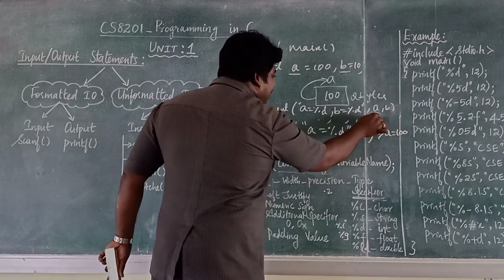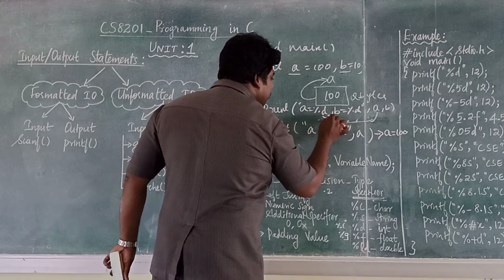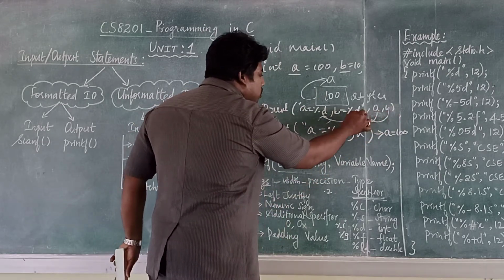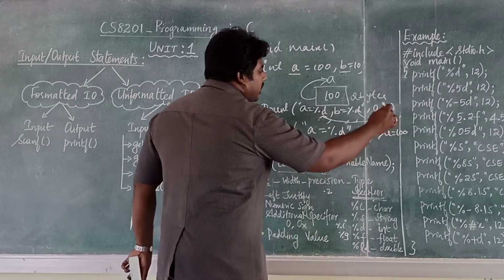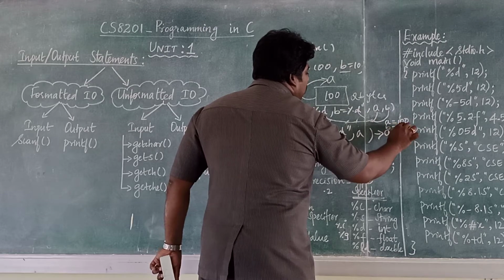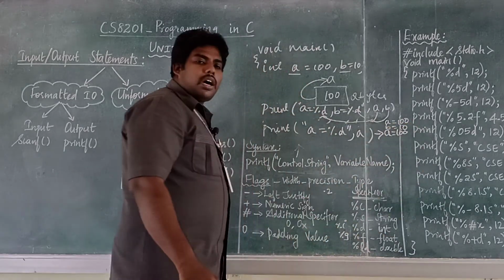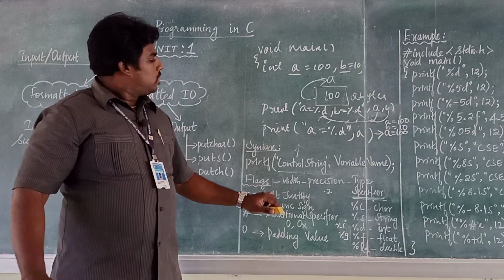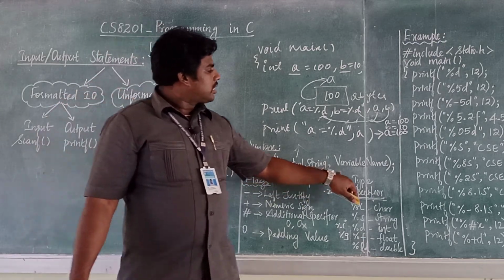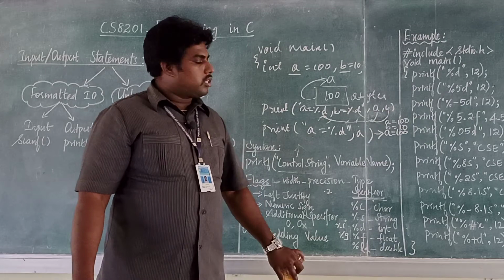The A value is stored here. What's the value of A? 100. And the B value is stored here. So you will get the output A equal to 100 and B equal to 10. All of you got the clear sketch? So two parameters: the first one is the control string, the second one is the variable names.